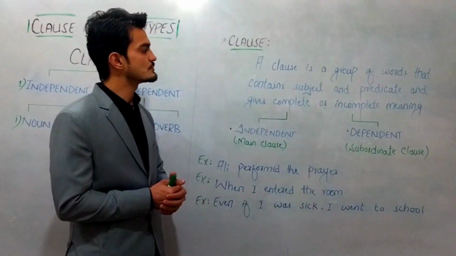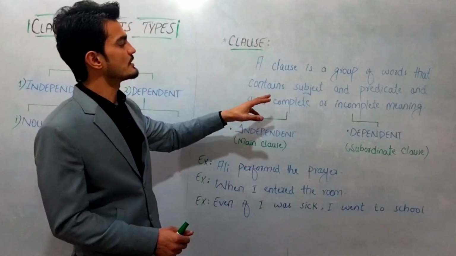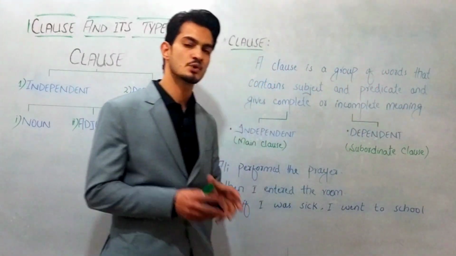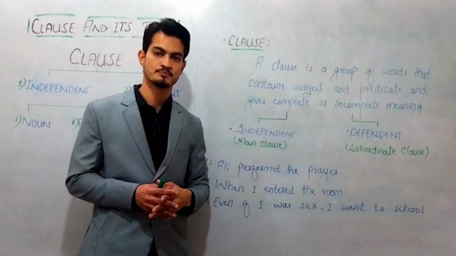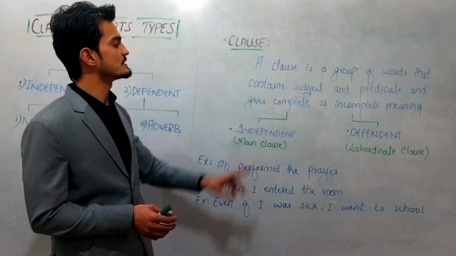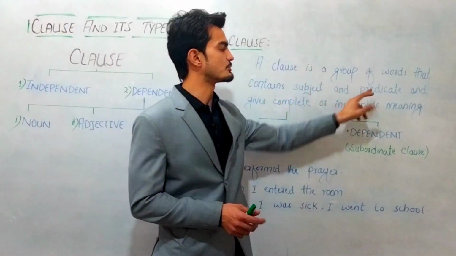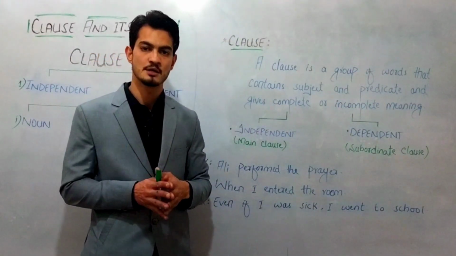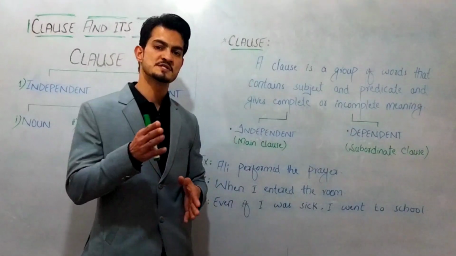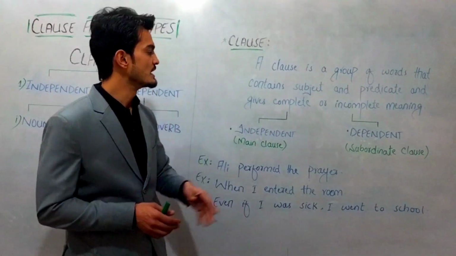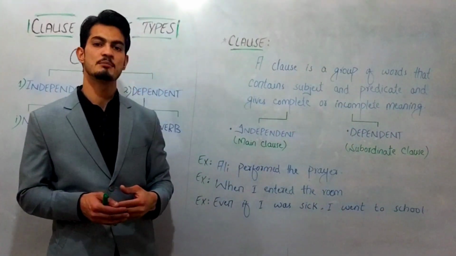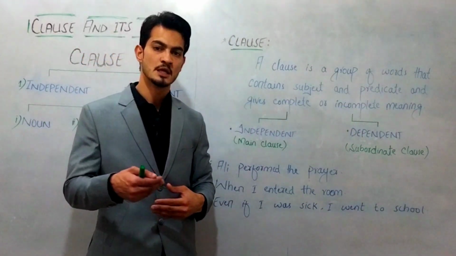The first one, हमारे साथ पहला जो point है वो है कि a group of words, यानी जो clause होगा वो group of words होगा. Second point, that contains subject and predicate, जिसमें हमारे साथ subject और predicate होंगे. And gives complete or incomplete meaning, और उसके बाद या तो हमें complete meaning देंगे और या incomplete meaning देंगे.